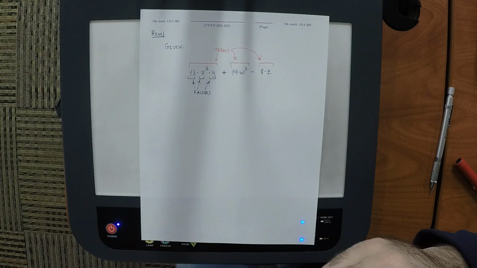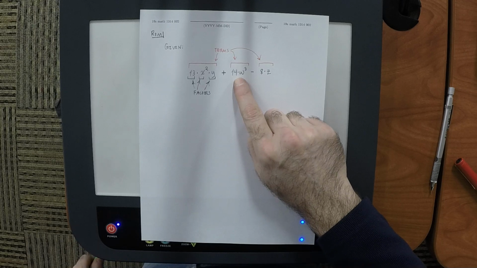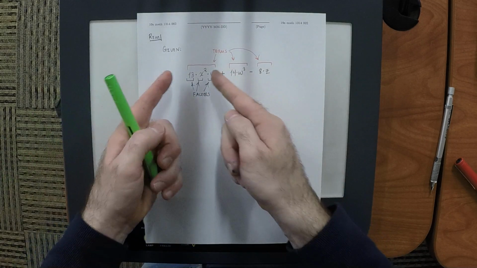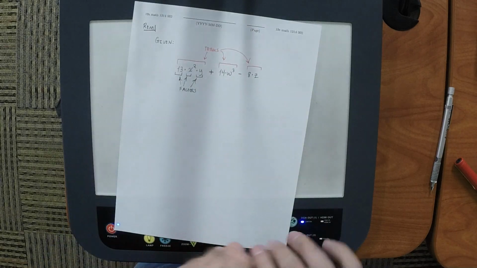So, for example, here's a term. How many factors does it have? 2 factors. They are 14 and w cubed. This whole thing is a term. How many factors? 3. Okay, good.